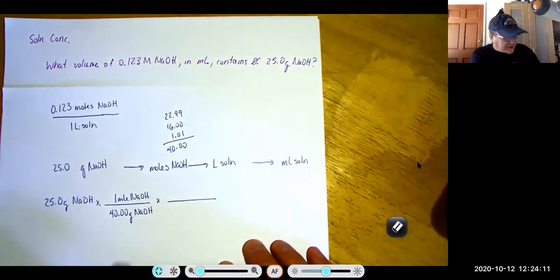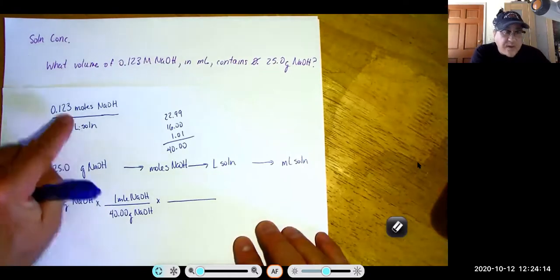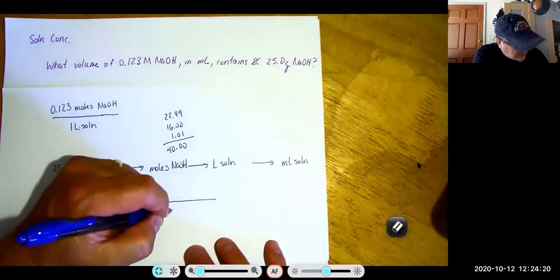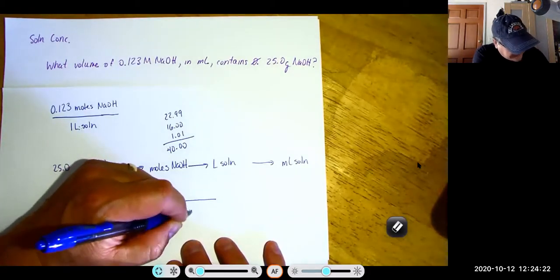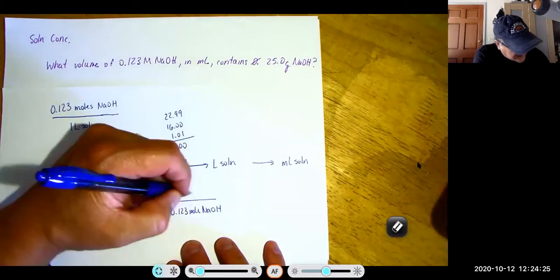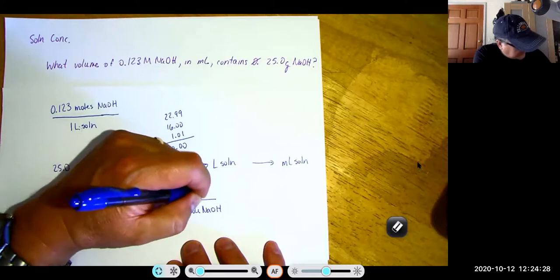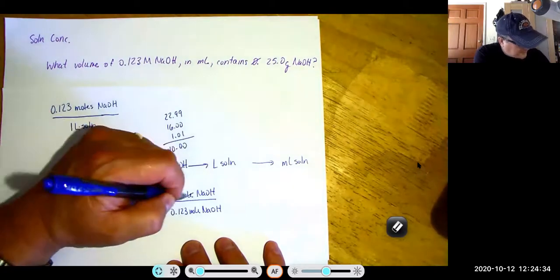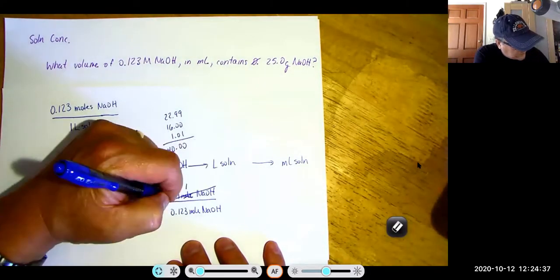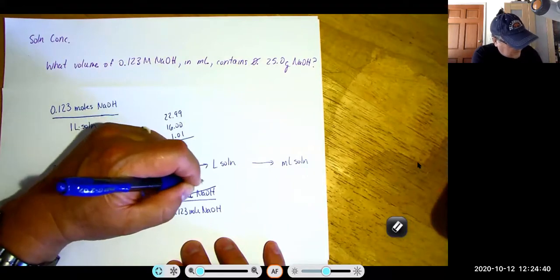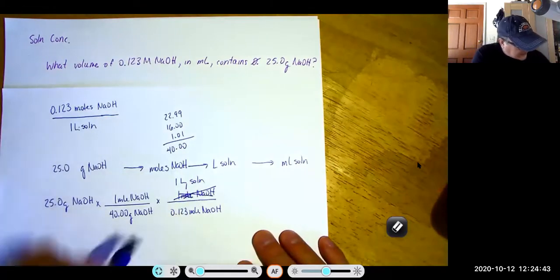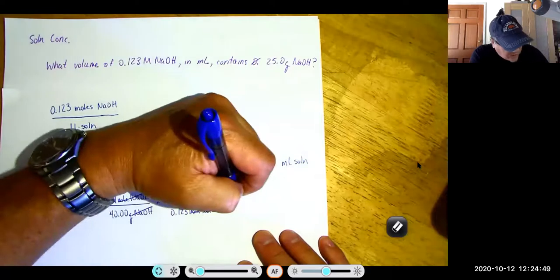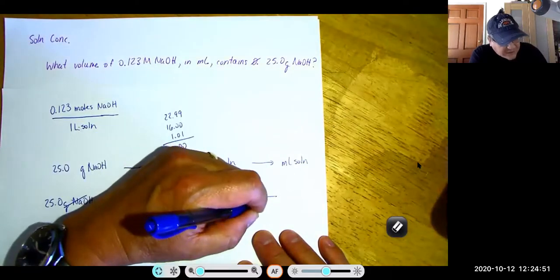And so now I'm going to use this concentration, but if I use it the way written, I'll have moles times moles, so I'm not going to like that. I'm going to put the 0.123 moles on the bottom and 1 liter on top. Okay, so here the moles cancel, the grams cancel, and lastly, we want to remember that for 1 liter of solution, there's 1,000 milliliters of solution.